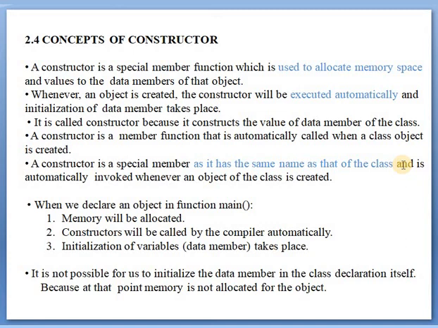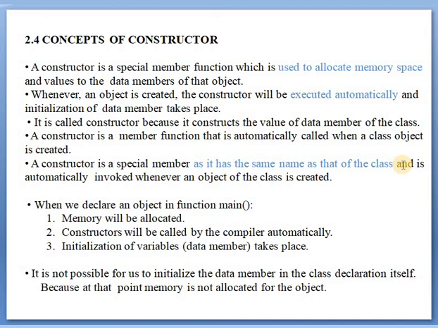It is not possible for us to initialize the data members in the class declaration itself, because at that point memory is not allocated for the object. Why do we require initialization of data members after creating the object? Because when we declare a class, we can declare the data members, and we can also declare and define the member functions, but at the time of class declaration the memory is not allocated for the object.